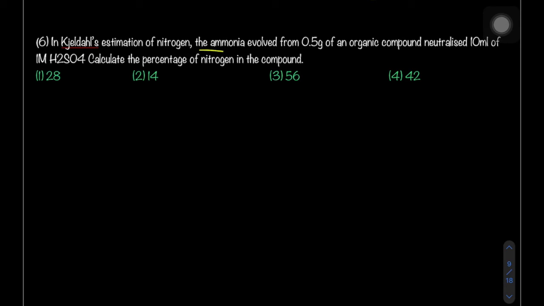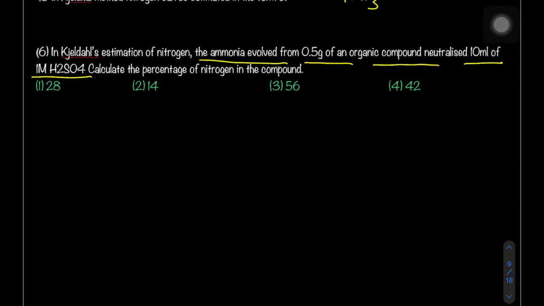In Jaldal method, nitrogen, the ammonia evolved from the 0.5 grams of organic compound neutralized by the 10 ml of a 1 molar sulfuric acid. Now here, what is the direct formula to calculate the percentage of nitrogen?